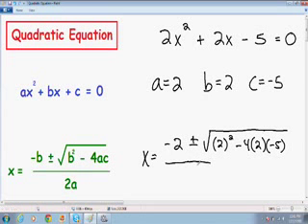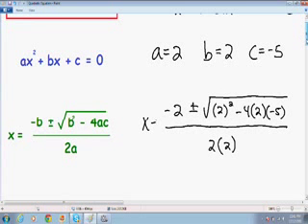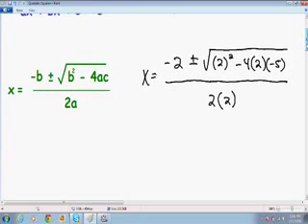And all of this is divided by 2a, and once again our a is 2. Now the only thing we have to do to solve this problem is to simplify this as much as possible.